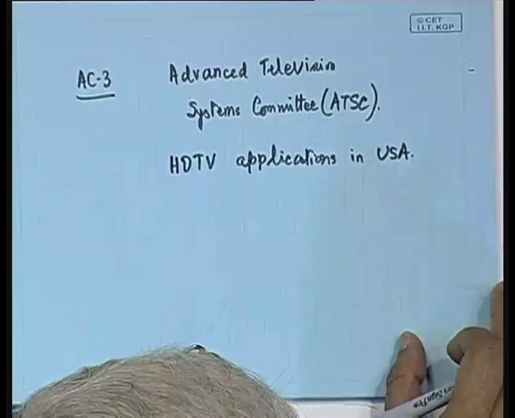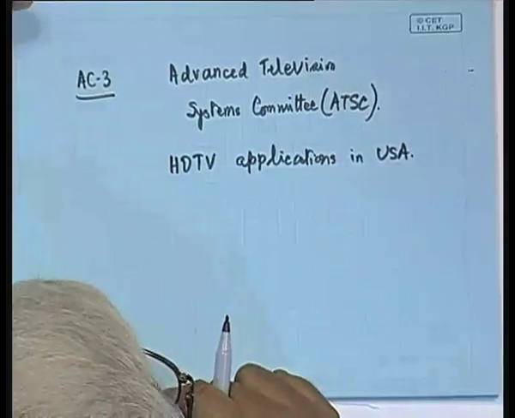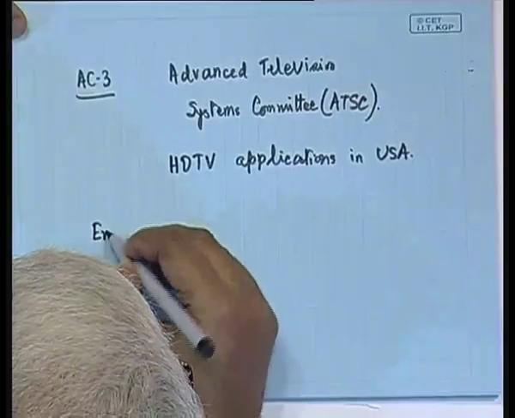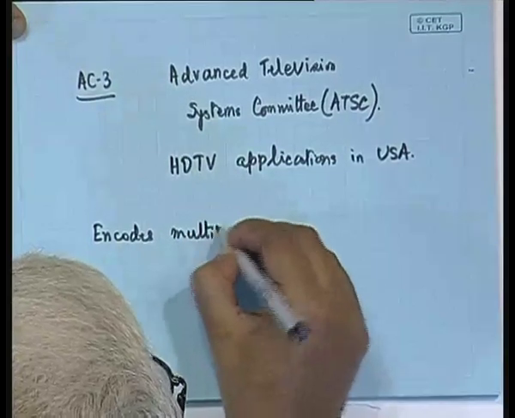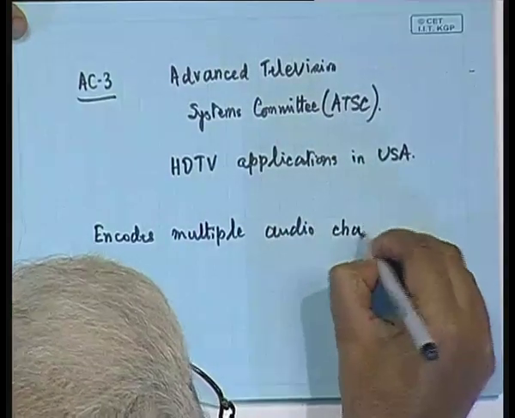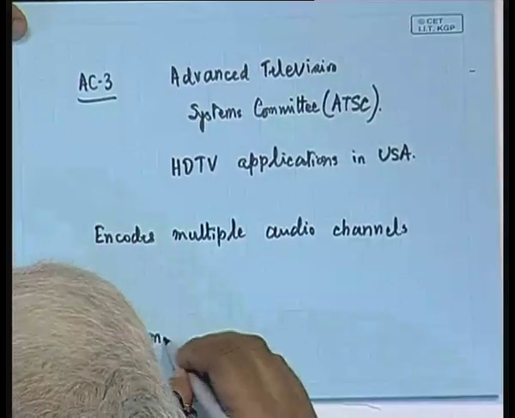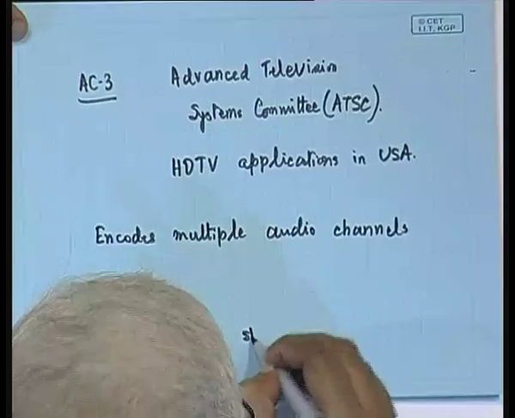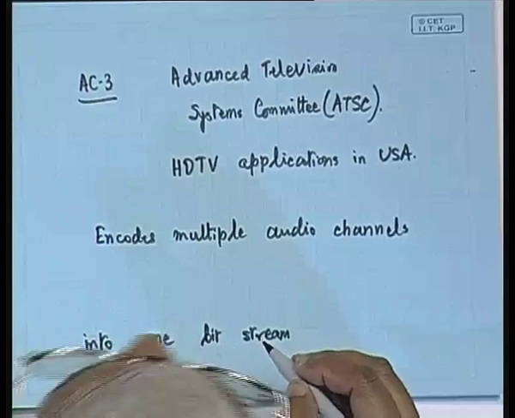and the beauty of the AC3 is that it supports multiple audio channels. So, it encodes multiple audio channels into one bit stream. Now, what are the multiple audio channels? Why is multiple audio channel really necessary?